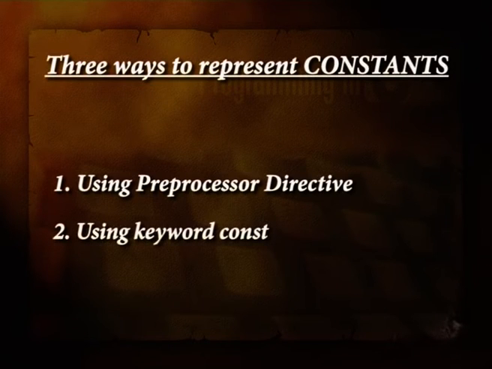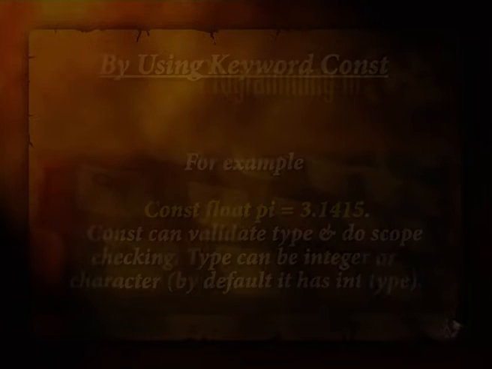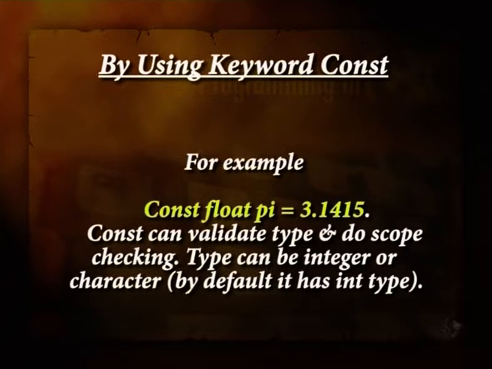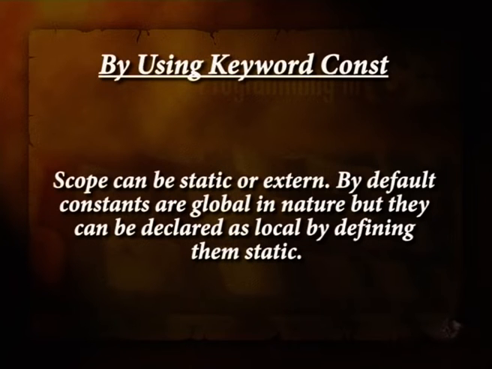Secondly, by using keyword const. For example, const float pi equal to 3.1415. Const can validate type and do scope checking. Type can be integer or character. By default, it is int type, that is integer type. Scope can be static or extern.